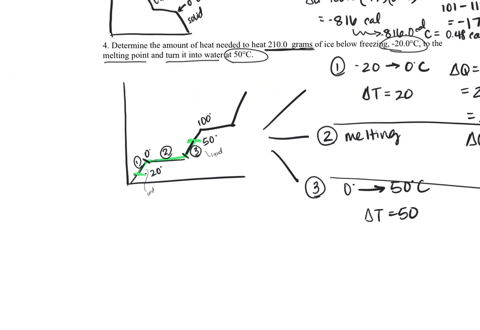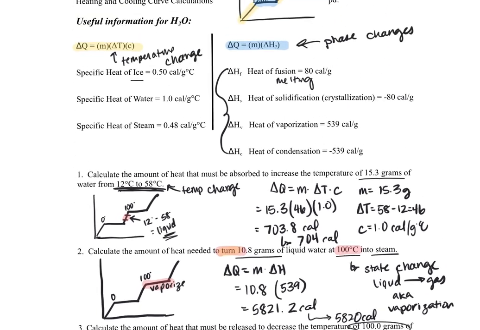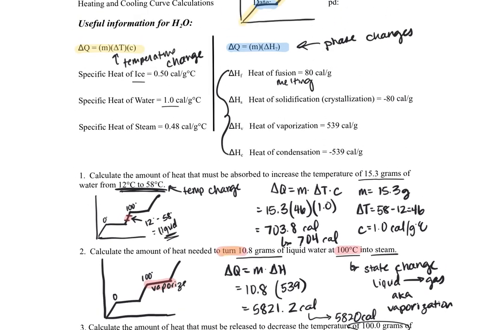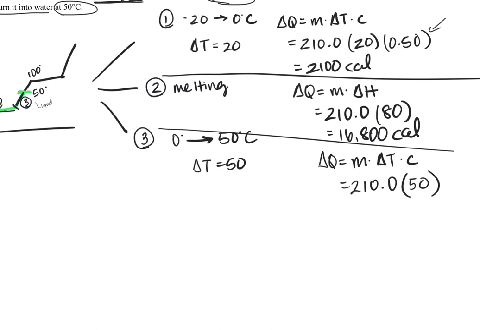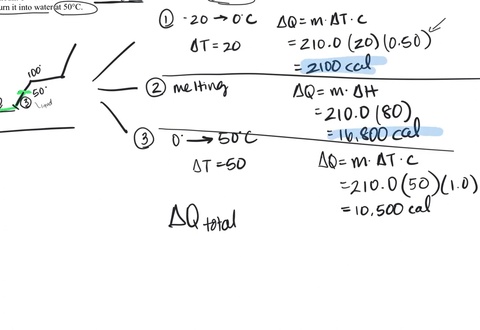So what that means is I want to use the specific heat of water, which is 1.0, so liquid water. This is equal to 10,500 calories. So altogether, our Q total is going to be those 3 values that we found here, here, and here, added together.